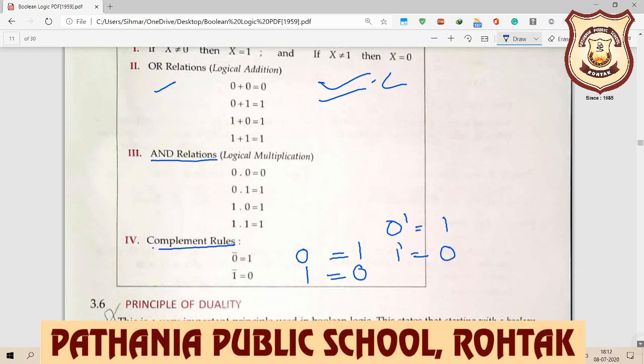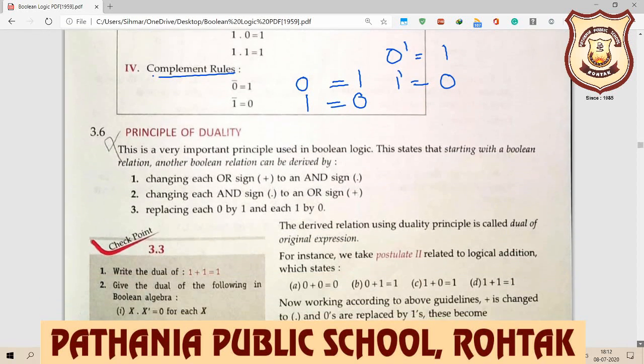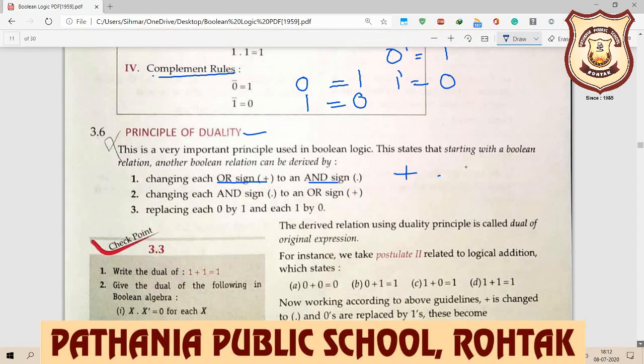After that, yesterday we learned the principle of duality, and we learned three basic principles here. One is changing each OR sign to AND sign, meaning the plus sign changes to multiply.